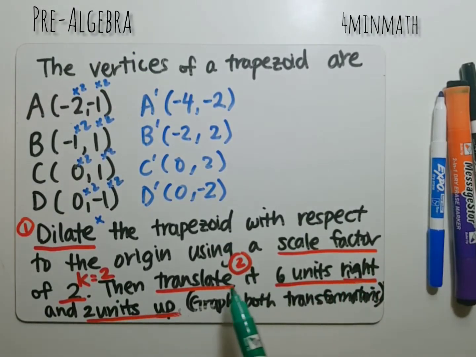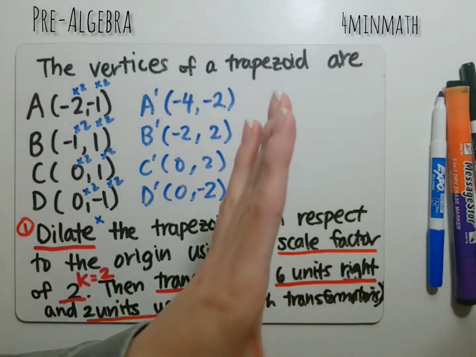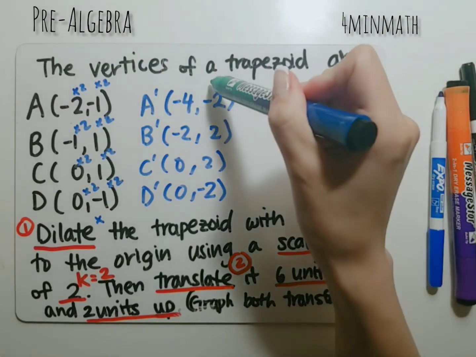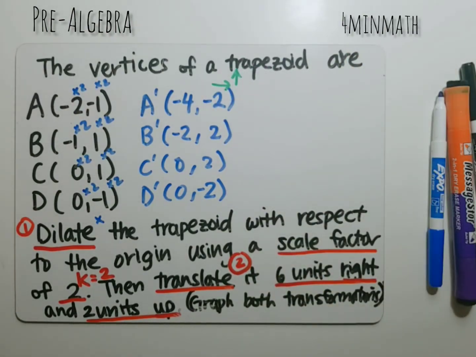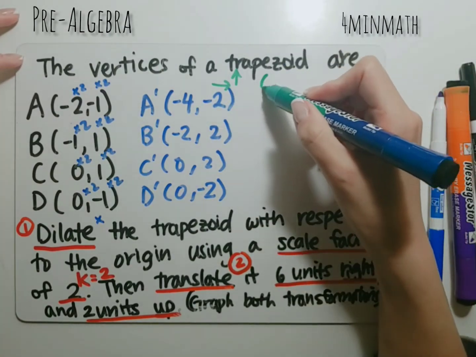So then the next step is to translate the dilated figure 6 units to the right and 2 units up. That means literally taking my blue figure, right? My blue, 6 units to the right, shift it to the right, and then 2 units up. So we're moving it this way, and then 2 units up. So how do I represent that in a coordinate pair form?